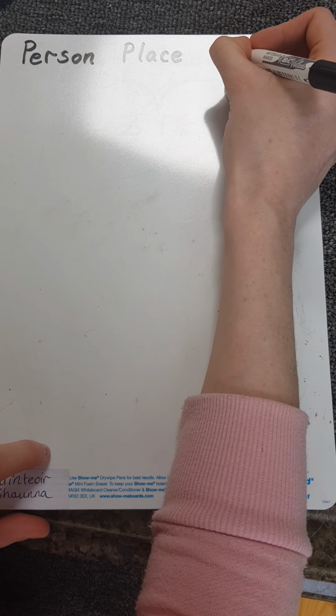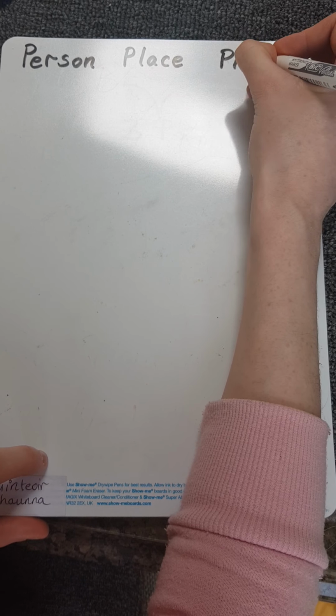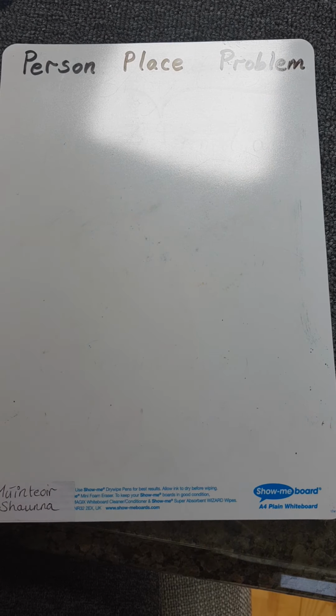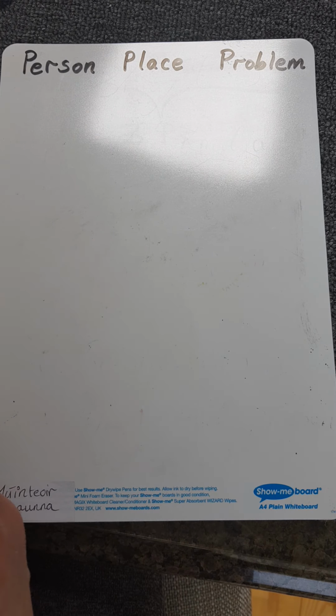And the third one is problem. That is your third P, and it is basically referring to the action in the story. What happens in the story, the main thing that happens, a problem, some sort of an issue your character might have, and we have to think about what the issue is and how they might solve it.